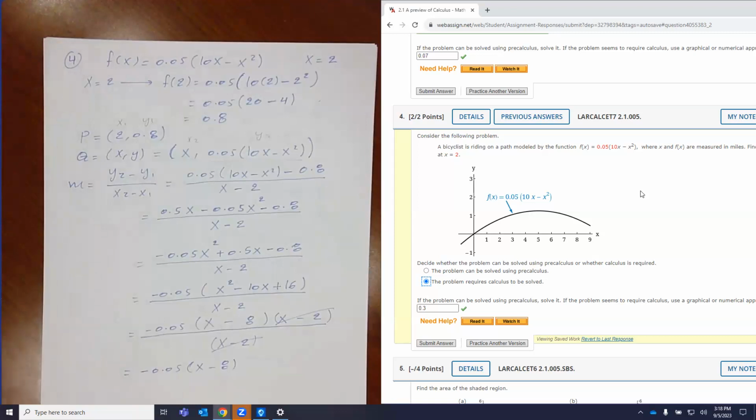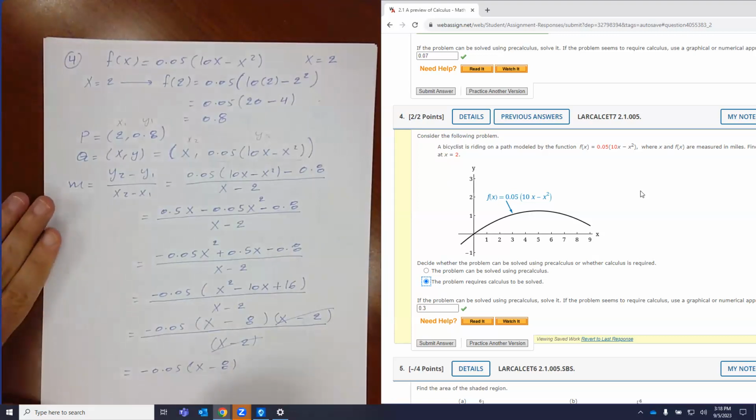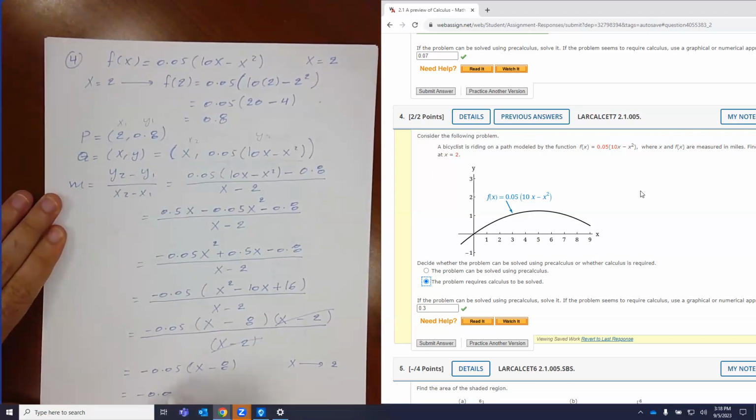Now, at x equal 2, if you plug in 2 here, because x approaches 2, it's going to be negative 0.05 times 2 minus 8. That means our slope is going to be negative 0.05 times negative 6.